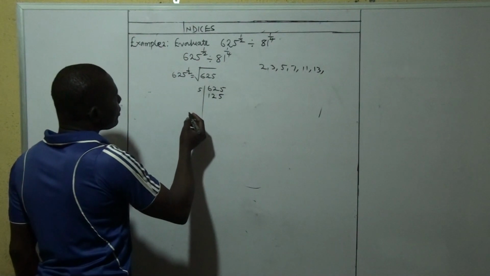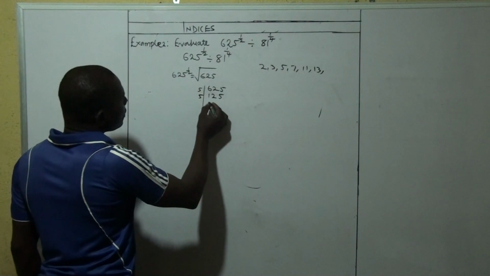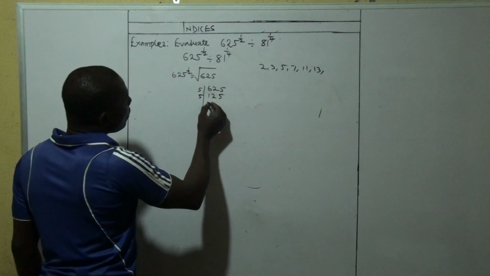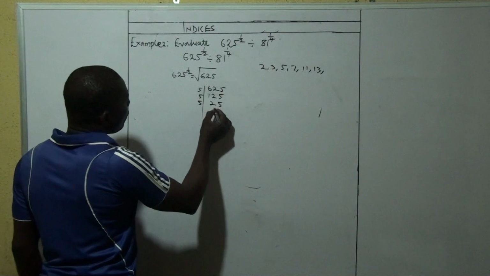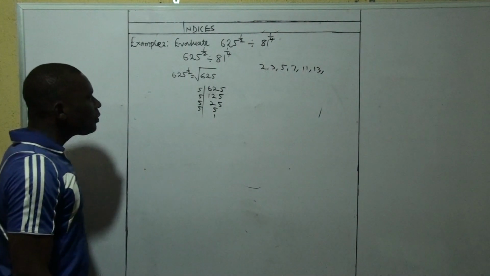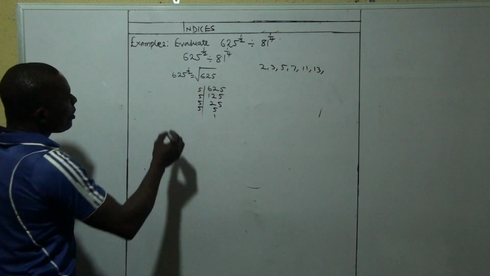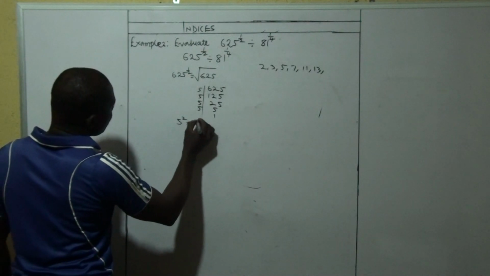5 here 25. 5 here 5. 5 here 1. So if we look at this now, it simply means 5 square times 5 square.